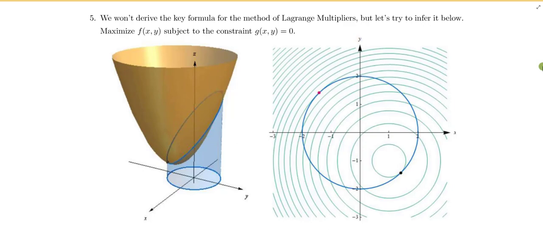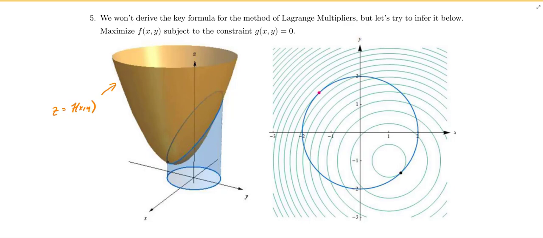I say that I wish we called it, instead of the method of Lagrange multipliers, the method of finding parallel gradient vectors. So here we've got a surface, and our surface in this case is this paraboloid, z is equal to f of xy. And we want to find the maximum and minimum values of this surface when we subject ourselves to a certain constraint.